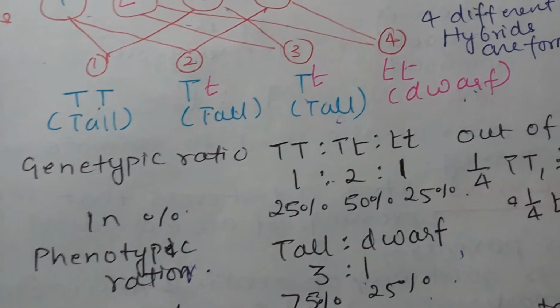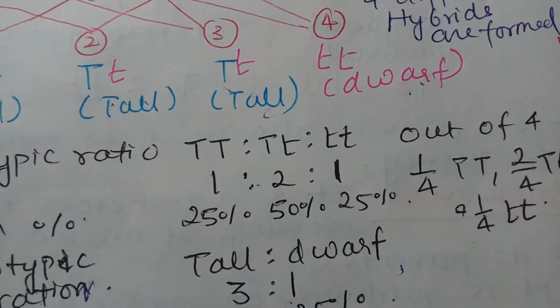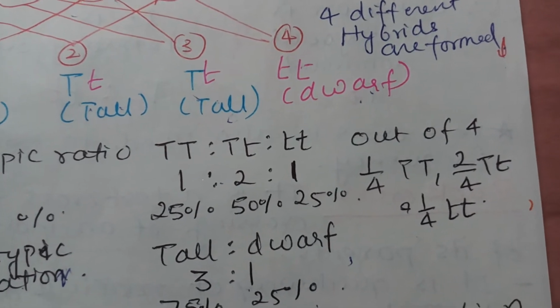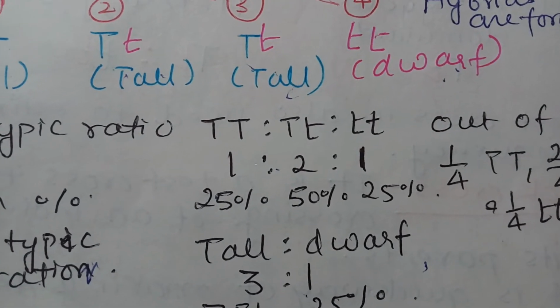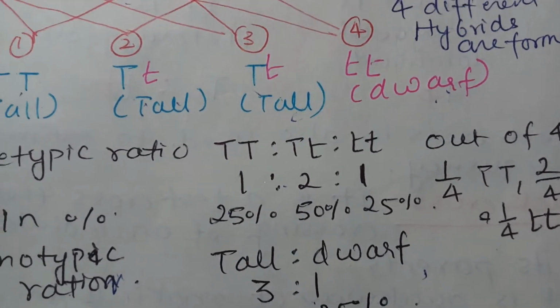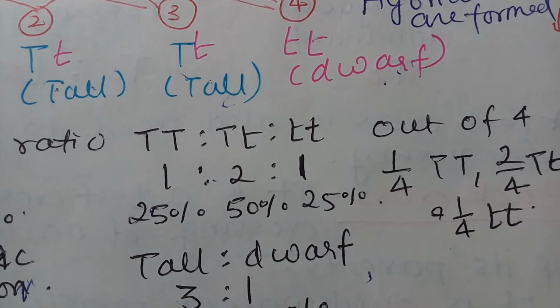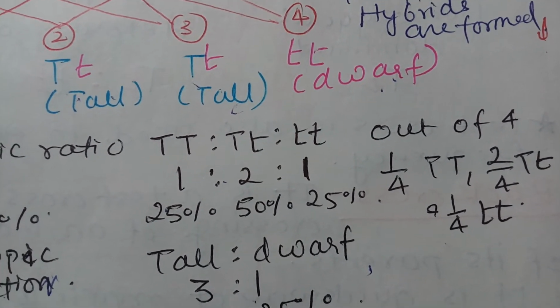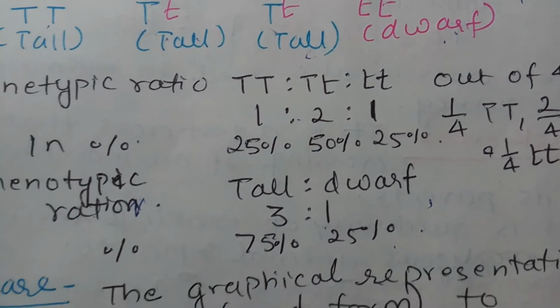So the genotypic ratio is 1:2:1. In percentage, homozygous tall accounts for 25%, heterozygous for 50%, and homozygous recessive again for 25%.